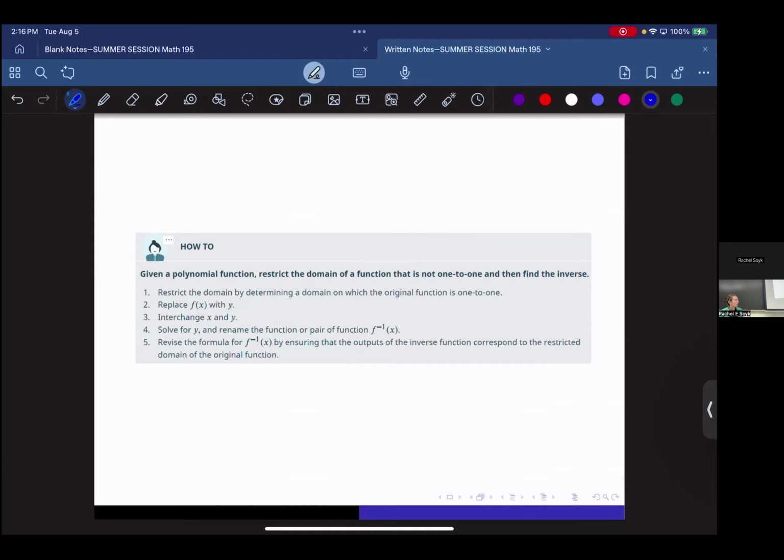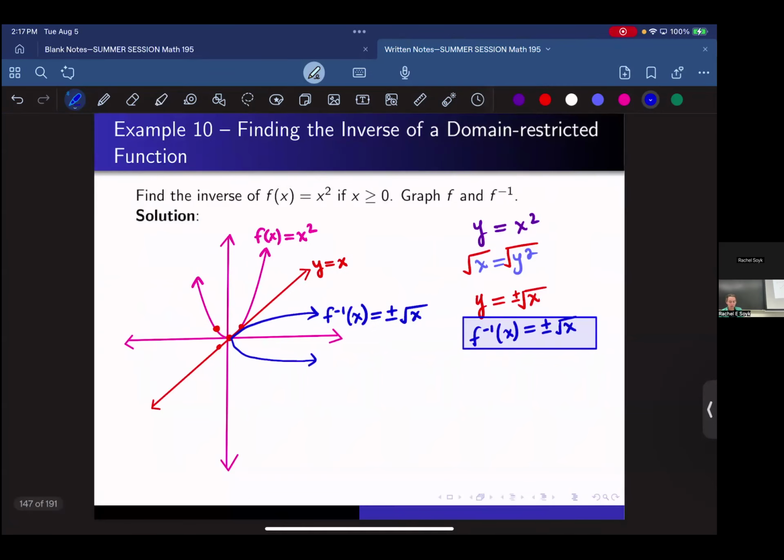This is just a slide on the step-by-step procedure when you're restricting domains that are not one-to-one. So just like here, this fails the horizontal line test. And so we have to end up restricting the domain so that when we do find the inverse, we're still dealing with a function.